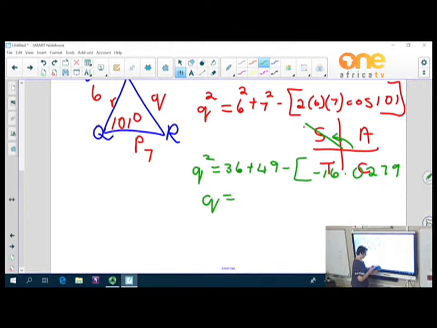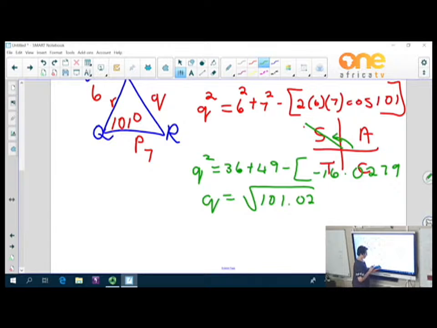So the next step is then 36 plus 49. And now a negative times a negative is a positive 16.0279. So I have here in my root now 101.0279.